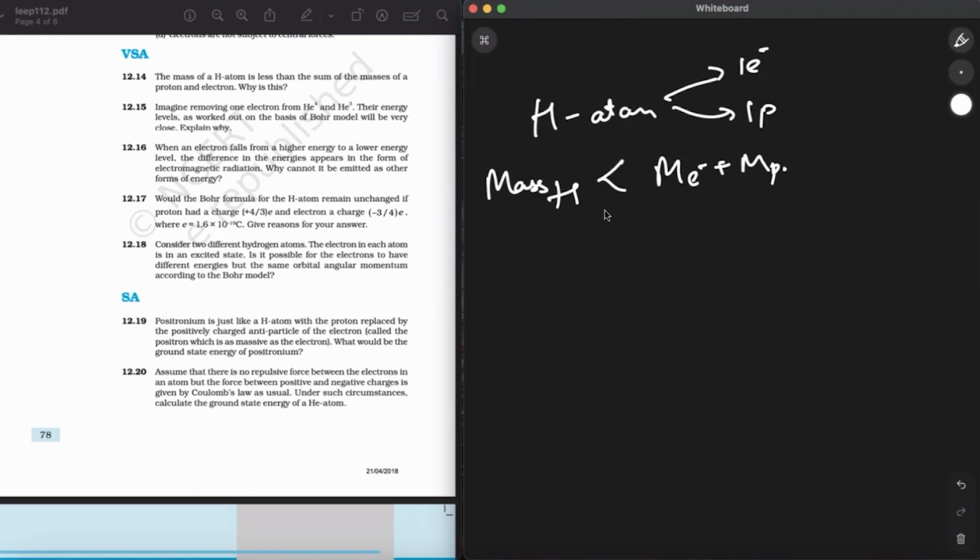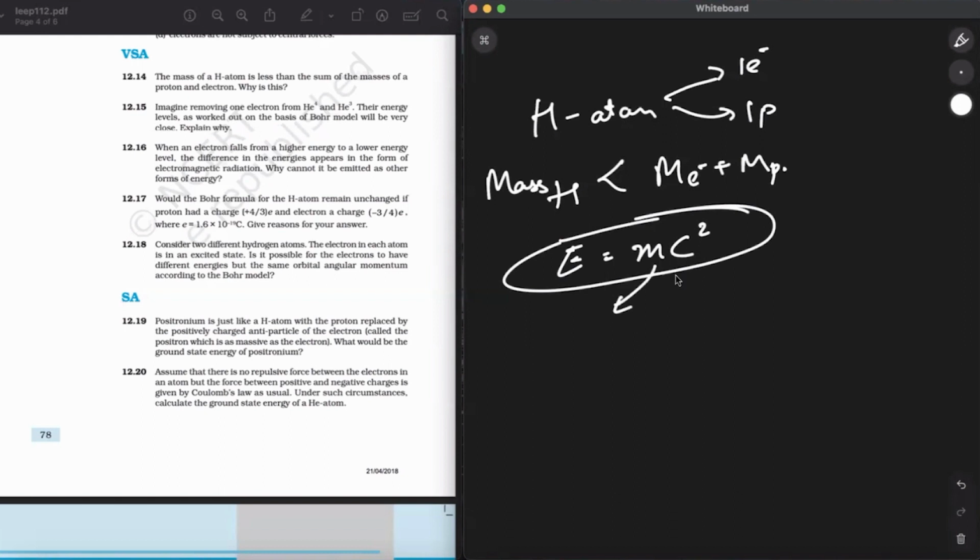So, according to Einstein, mass is just another form of energy and can be converted into energy. What was the relation? Energy can be written as mass times c square. So this means that mass is just another form of energy. So in this case, we can say that there is a mass defect which can be determined.